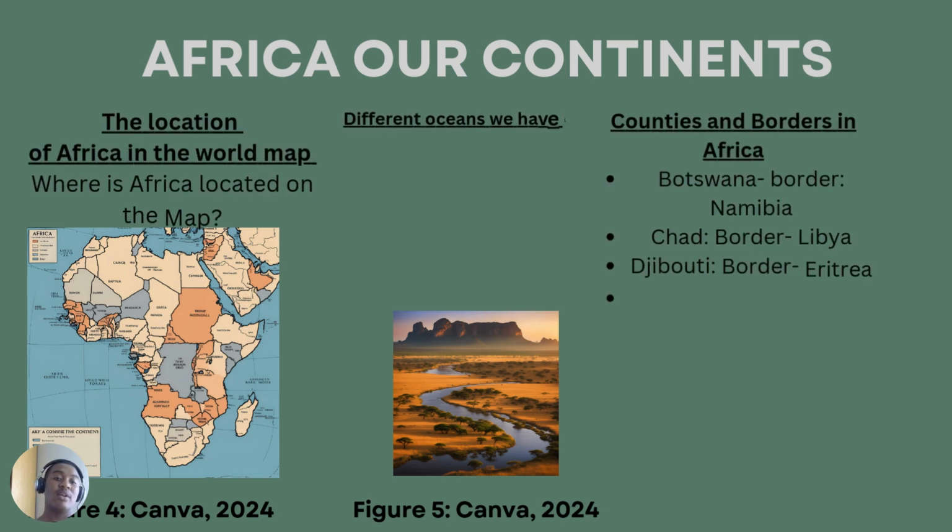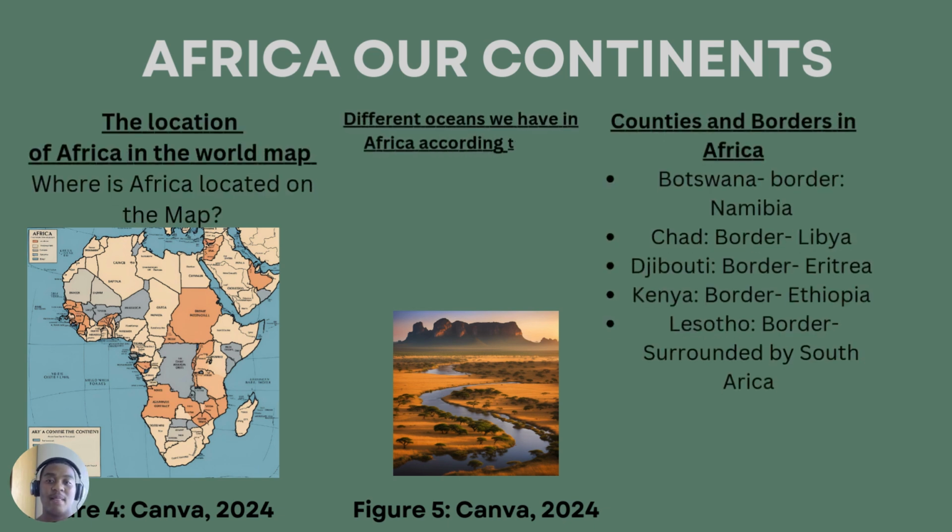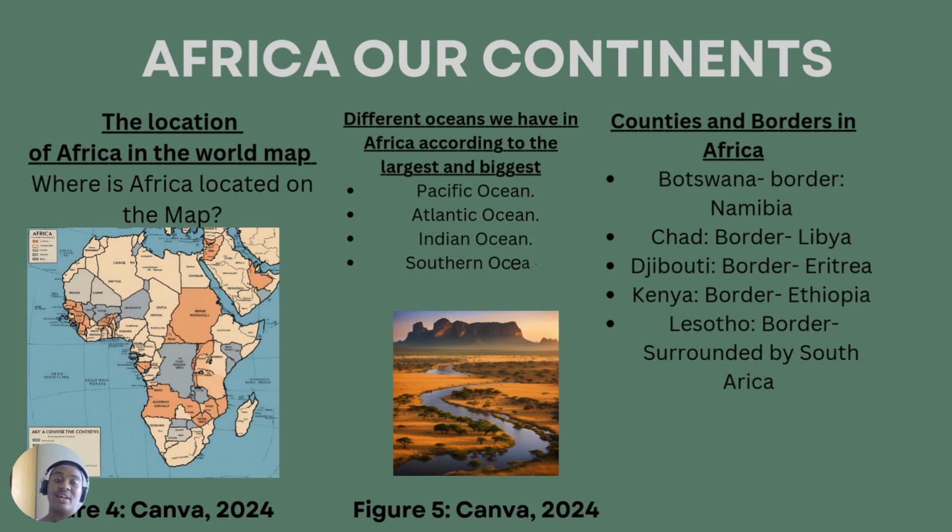Then we move on to our next topic, Africa, our continent. The location of Africa on the world map: Africa is located in the southern part of the earth. Remember, we talked about the north and the south pole, and we said the south pole is in the down part, and that's why we have most of our African continent there.